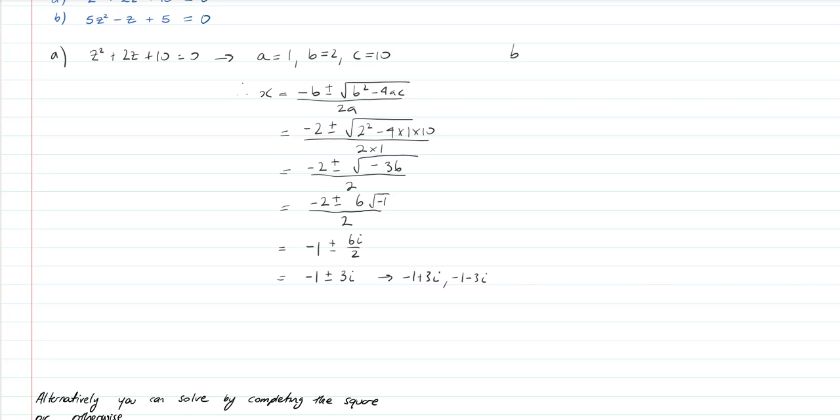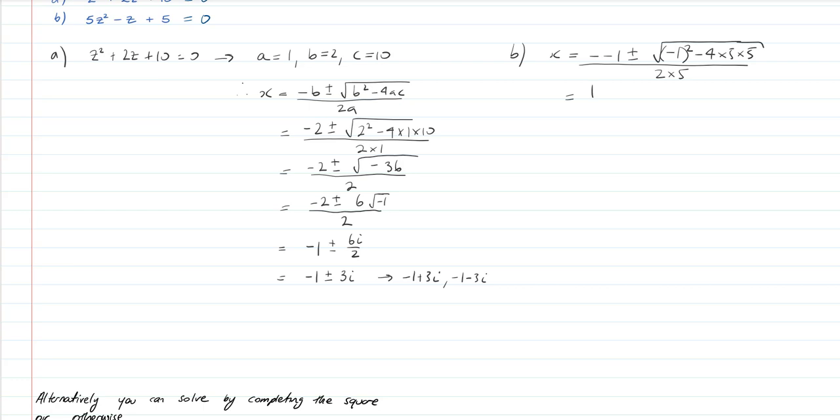And part B, which is going to be very similar, but we get a slightly different a, b, c value. So I'll jump straight into the quadratic formula. x equals -b, which is -1, plus or minus the square root of b squared, -1 squared, minus 4 times 5, which is a, times 5, which is c, all over 2 times 5.